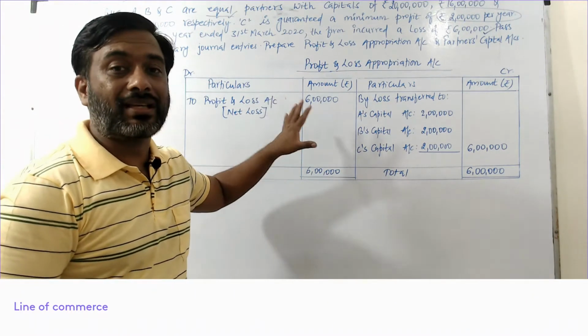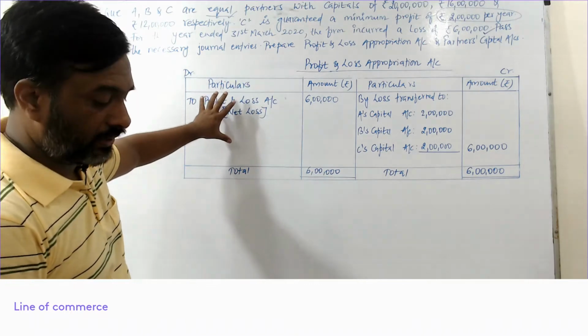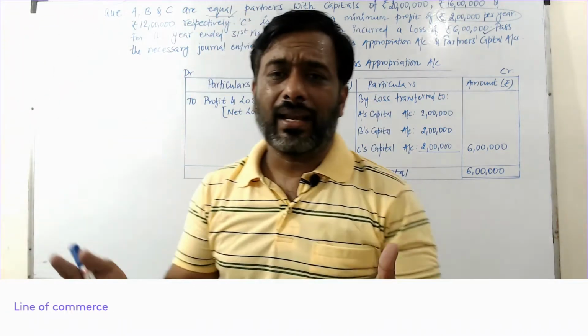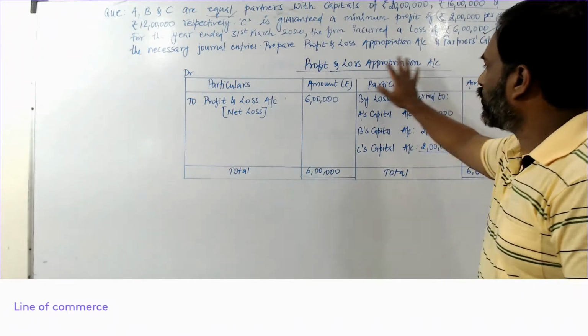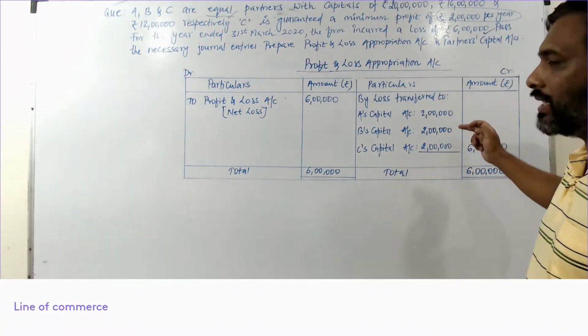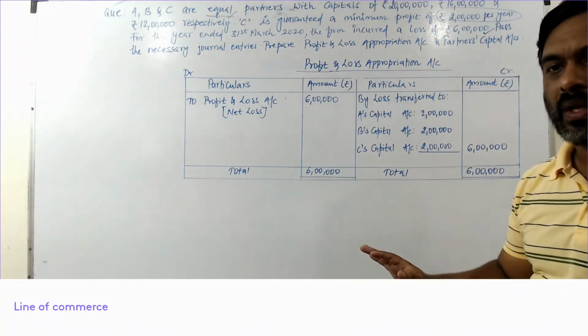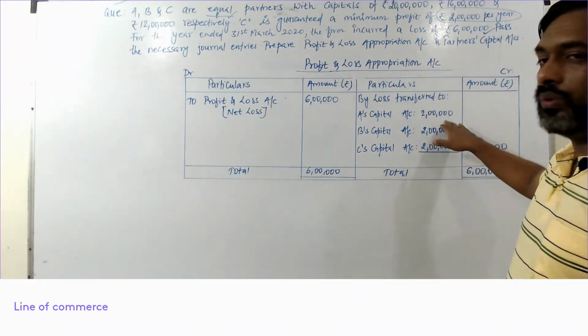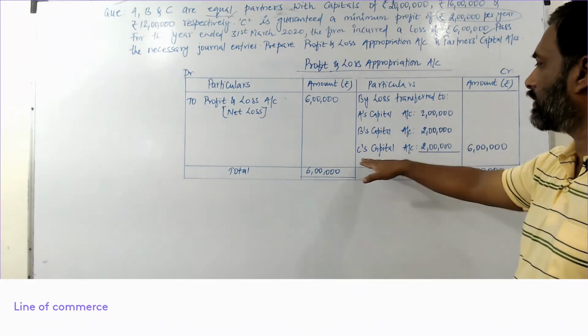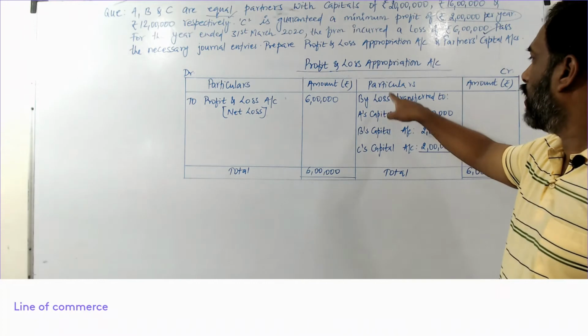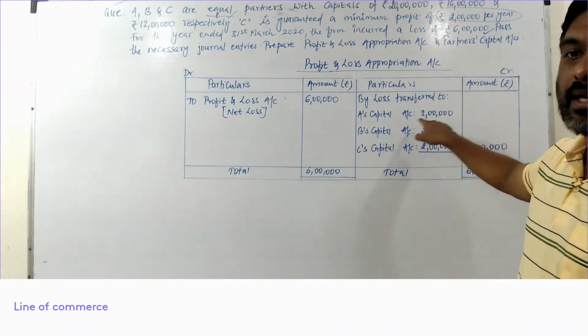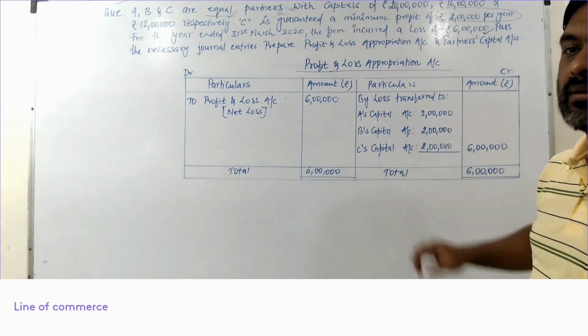So 6 lakh is my loss. And then the second thing is just distribute that loss among A, B and C equally. So A's capital account 2 lakh, B's capital account 2 lakh, C's capital account 2 lakh. By loss transfer to A's capital account, B's capital account, C's capital account.